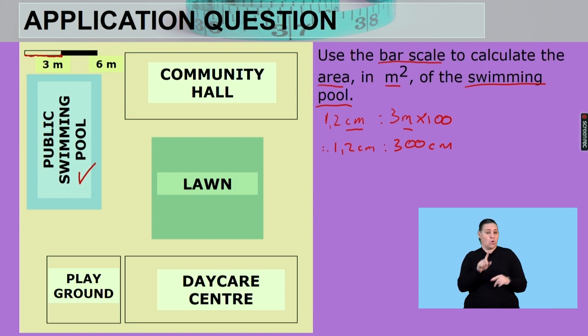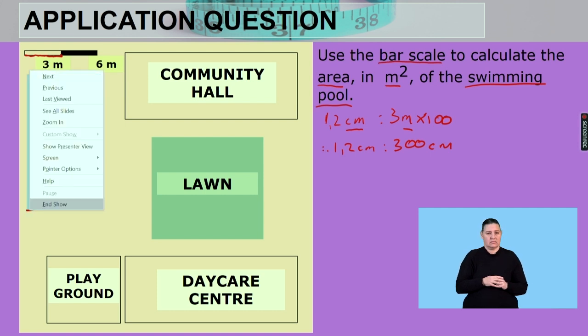So the question is, calculate the area. Now, looking at the shape of the swimming pool, that's a rectangle. To find its area, we've got to find its length and its breadth. The length of the swimming pool would be here.